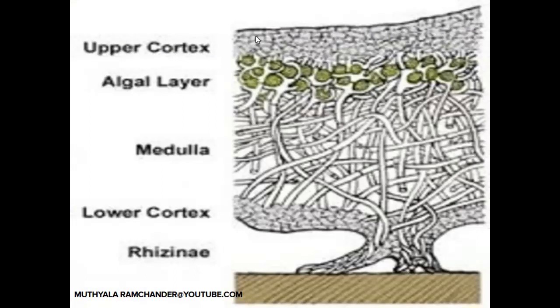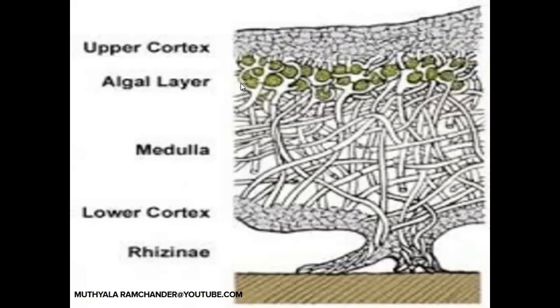In this portion, which algae are there? Cyanobacteria or Cyanophyceae, and Ascomycotina fungi, compactly arranged to form an epidermis-like structure called the upper cortex. Below the upper cortex, the algal zone is present.